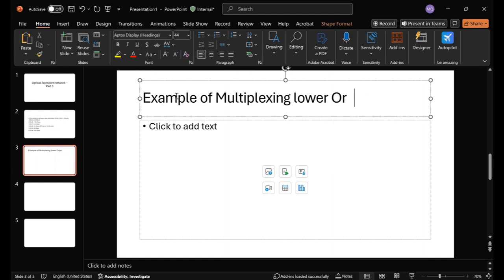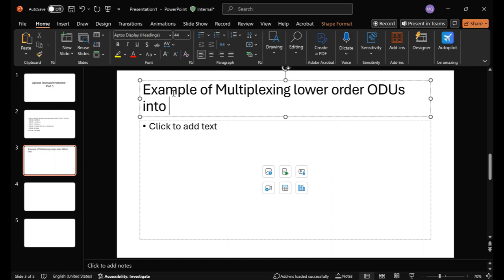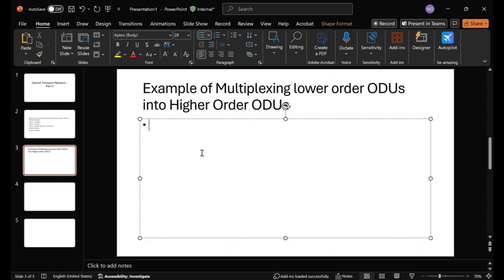Lower order ODUs into higher order ODUs. For example, 4 ODU0.